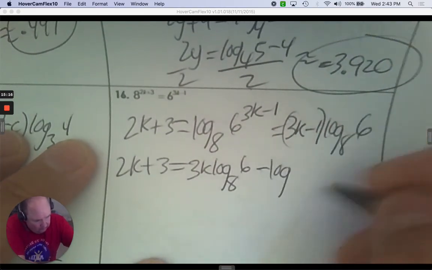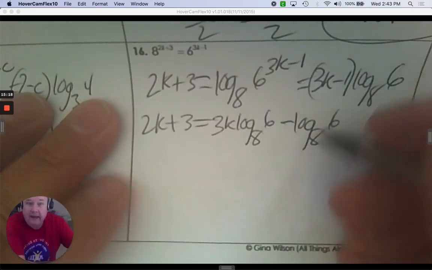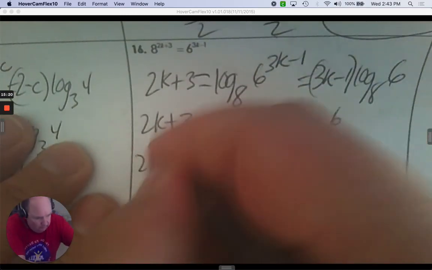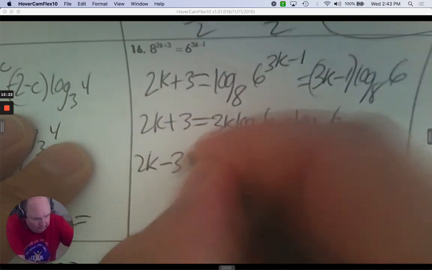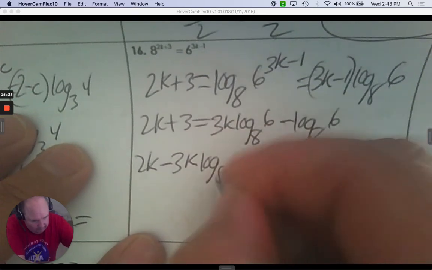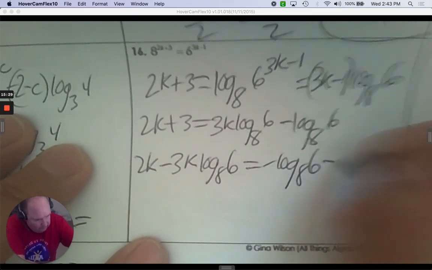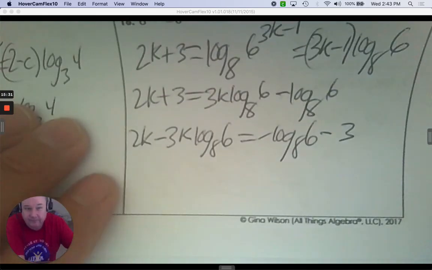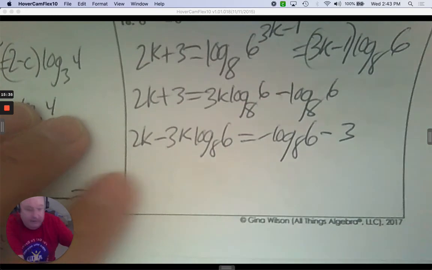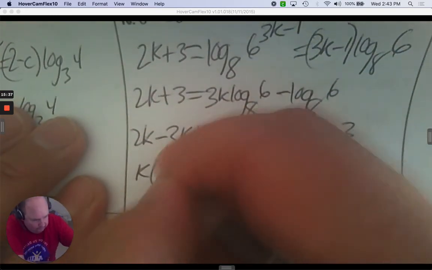It's just the log. Gather the k's together. So we have 2k subtract 3k. Subtract 3 to the other side. And then factor out a k and divide.